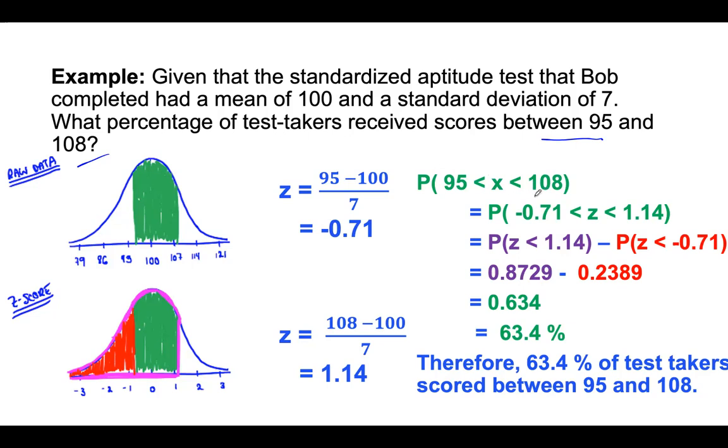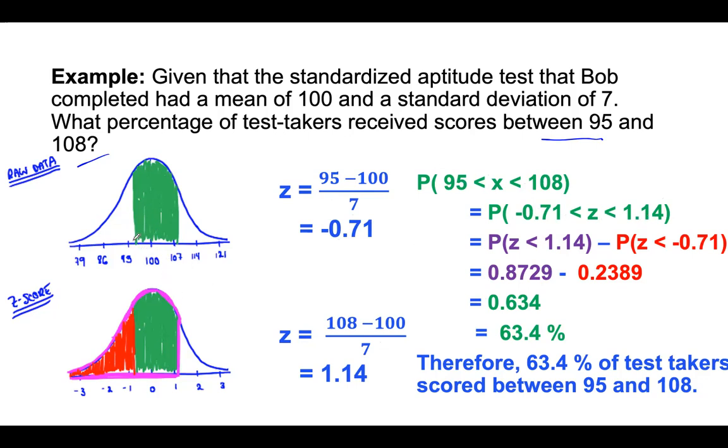In this case, we want to compute two Z scores because we want to transform 95: 95 minus 100 divided by 7 is negative 0.71. And we transform 108 into our Z score: 108 minus 100 divided by 7 is 1.14. So we get these values.